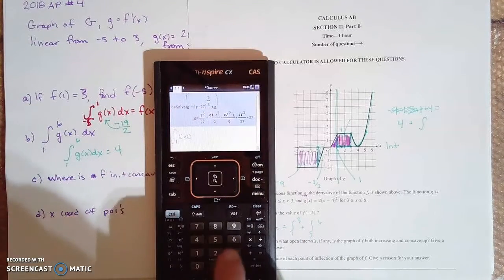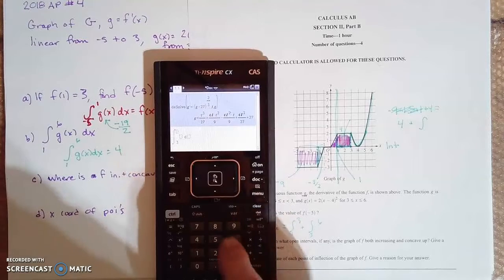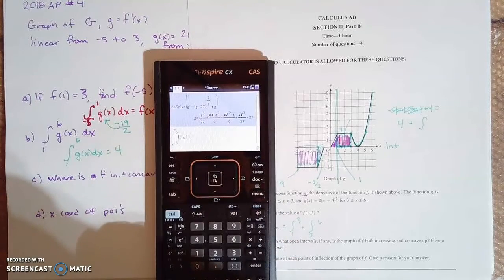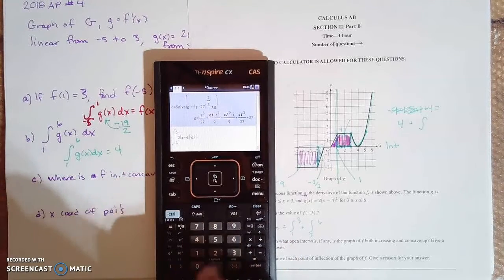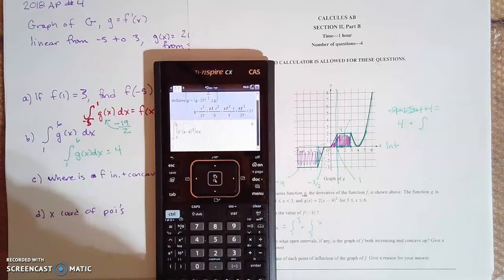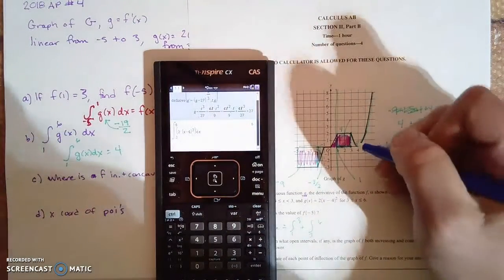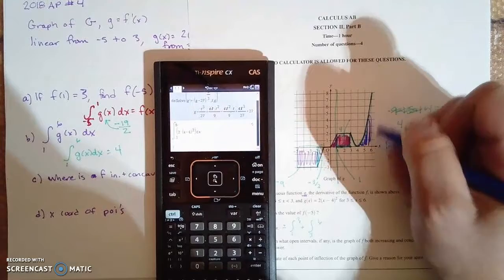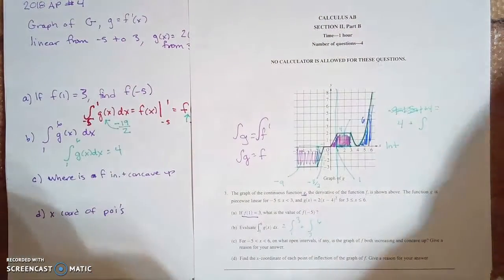Starting at 3, going to 6 of the function 2 parentheses x minus 4 close parentheses squared dx. And I got 6. So the area in blue right here is 6. So I'm going to add those two together.